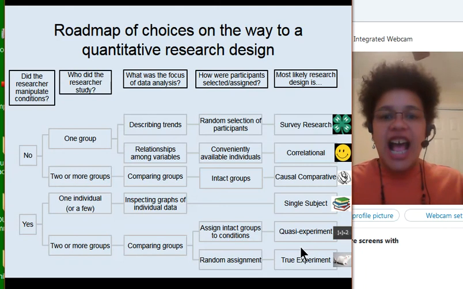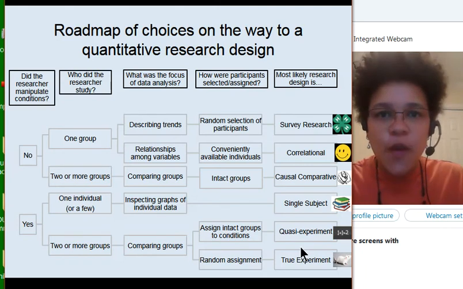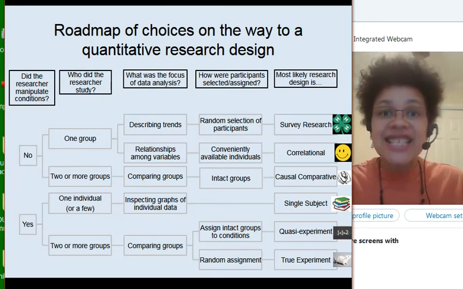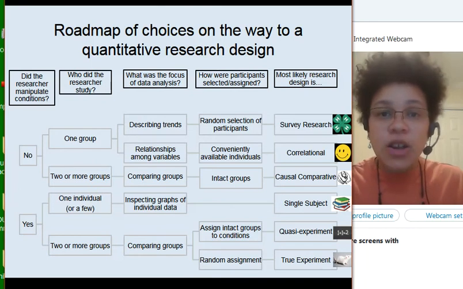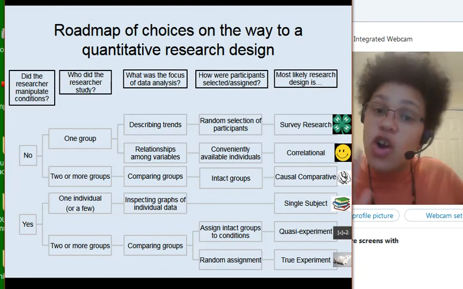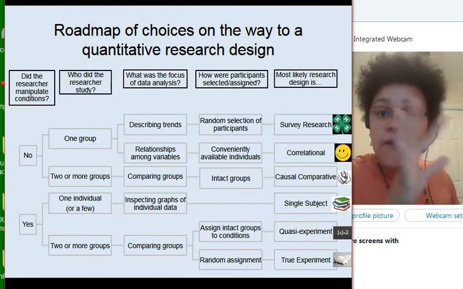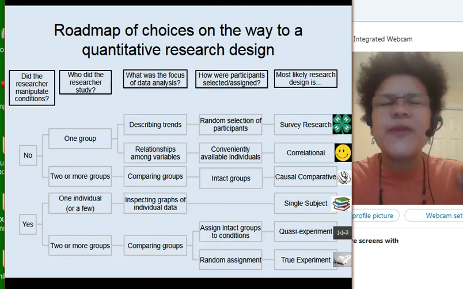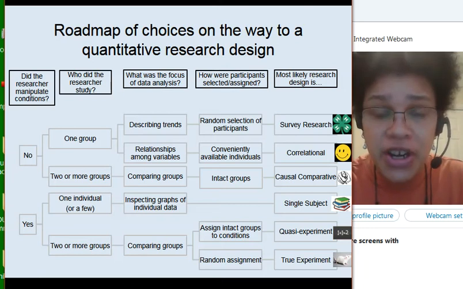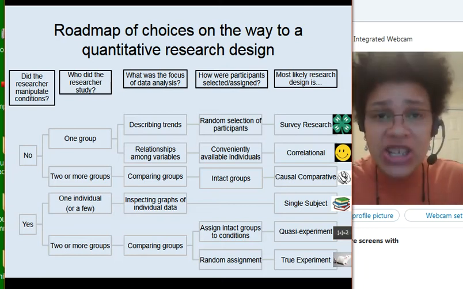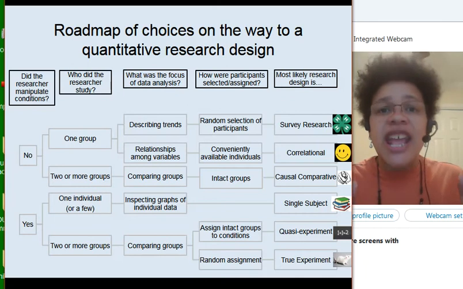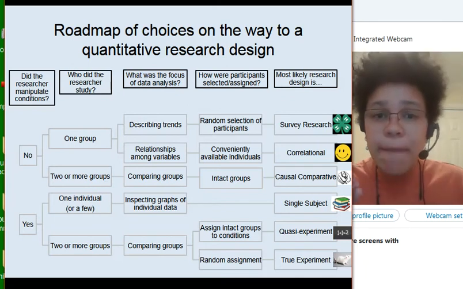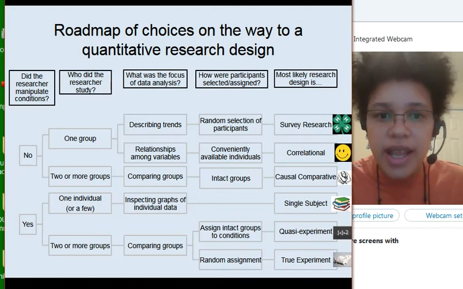All right. Today I'm going to give you an overall roadmap for understanding 6 main quantitative research designs. Now I know our textbook talks about 5 main designs, but I'm adding another one that's very popular in the social sciences, particularly in education, and also in counseling, so I wanted to make sure I included it.